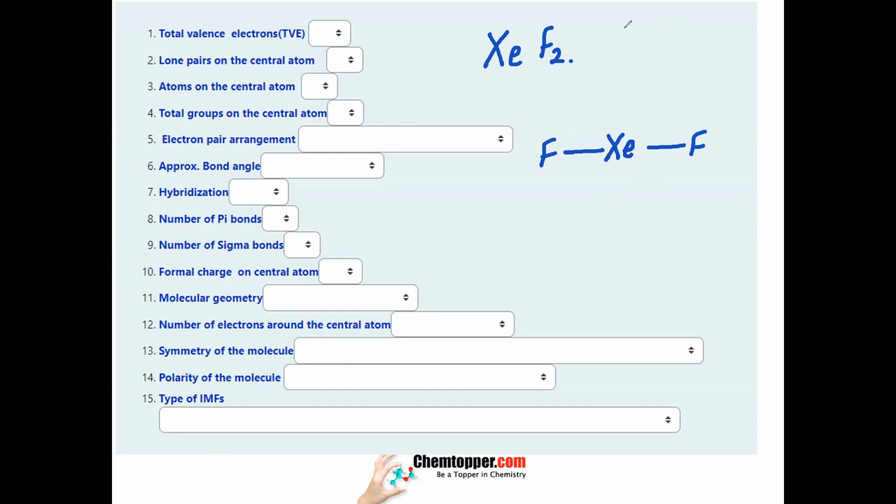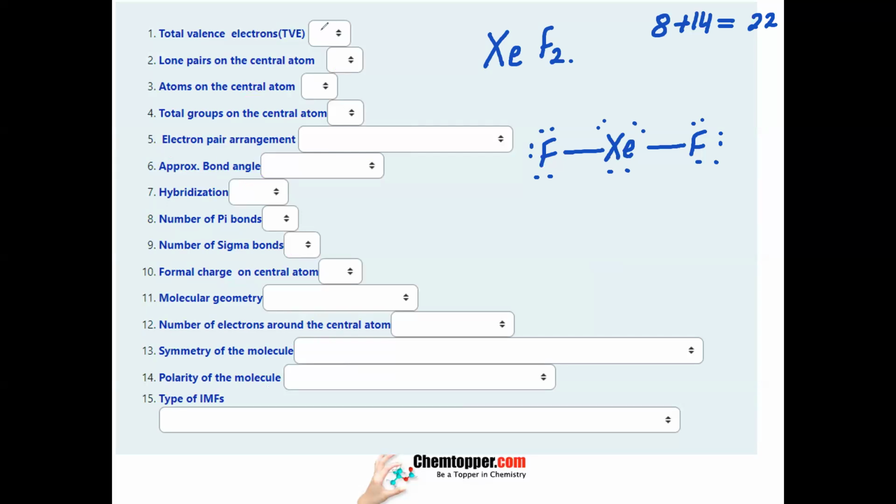Total valence electrons, children? 22. Complete the octet of the fluorine. Check how many are used, how many are left. So how many lone pairs on Xe? Out of 22, you have used 16. So 3 lone pairs.